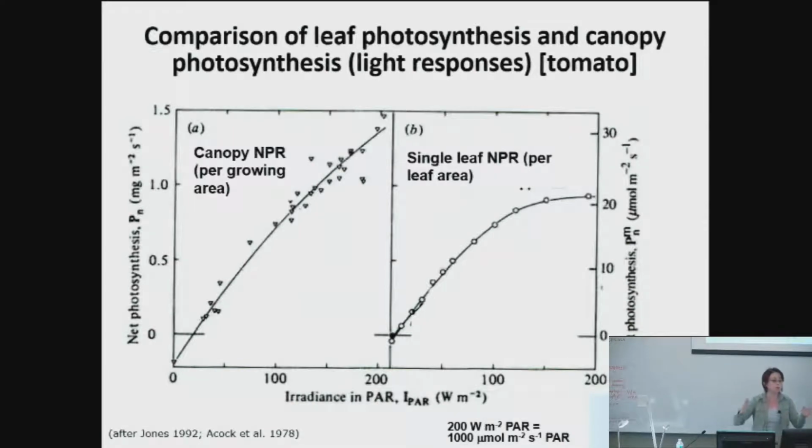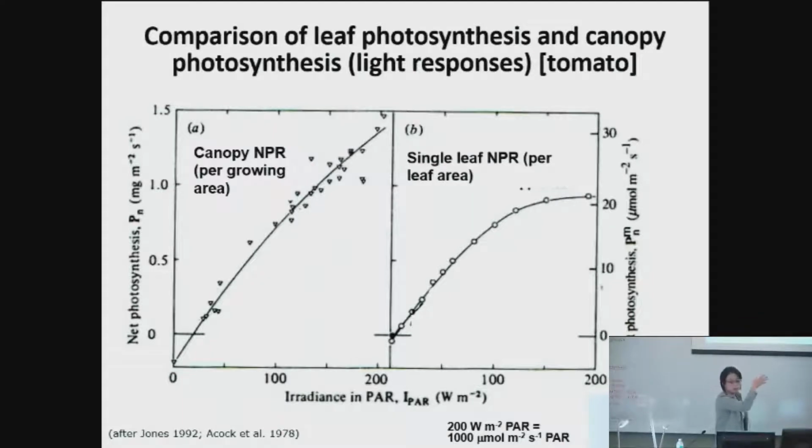But the most important point I want to discuss today is why the leaf response is just like our textbook photosynthetic response curve, saturating at a certain light intensity. In this case, it's around 1,000 micromoles, and 200 watts per square meter is about 1,000 micromoles.